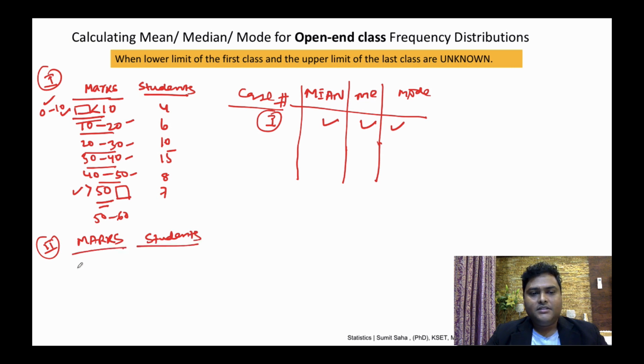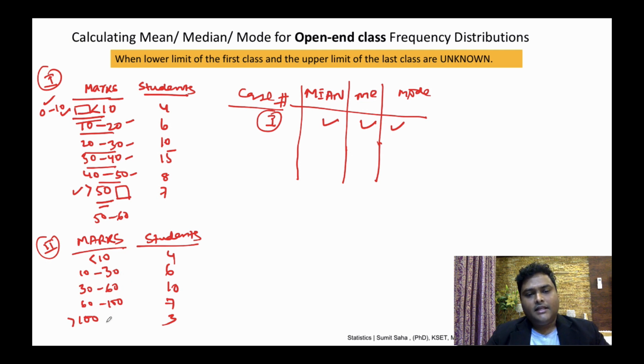In this case it is mentioned, let's say, less than 10, then 10 to 30, 30 to 60, 60 to 100, and more than 100. If this is the frequency distribution, and let's say randomly the frequencies are 4, 6, 10, 7, 3, these are the numbers of students.